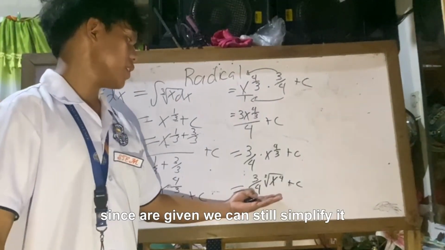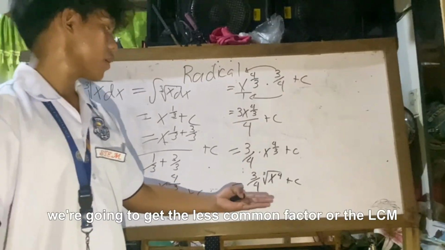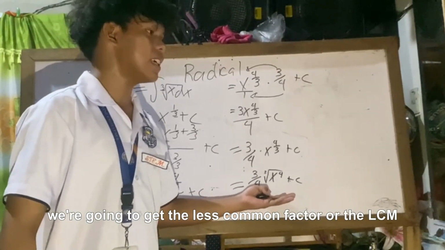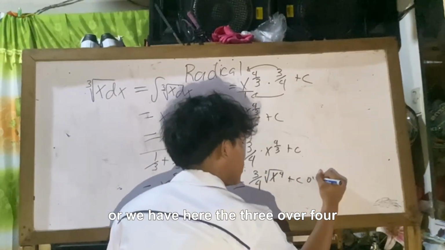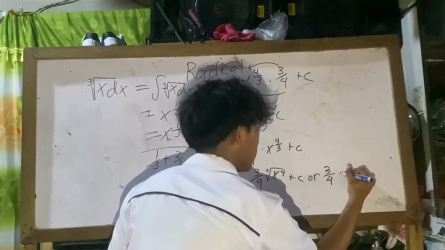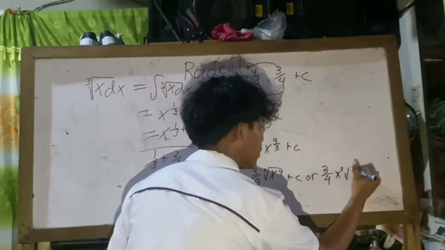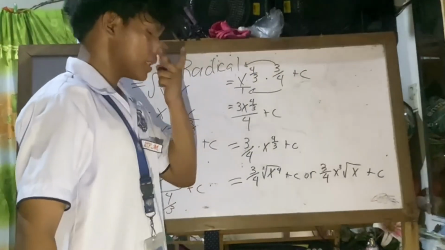Since it is given, we can still simplify it. So we're going to get the least common factor, or the LCM. Then we have 3/4 x cube root of x plus c.